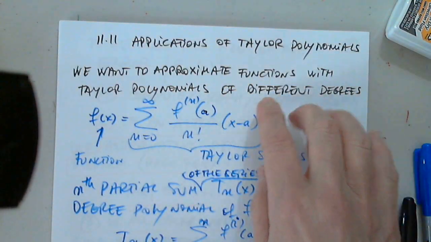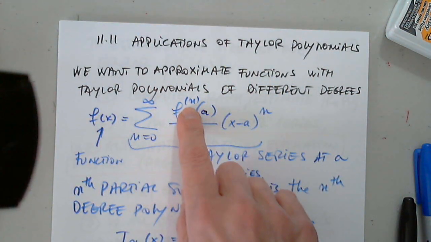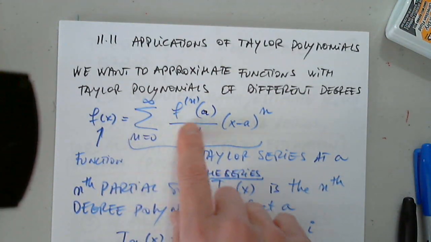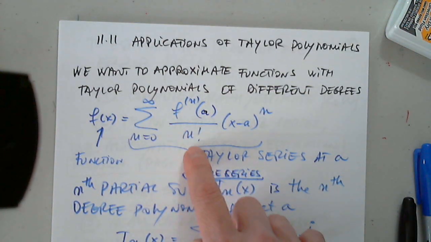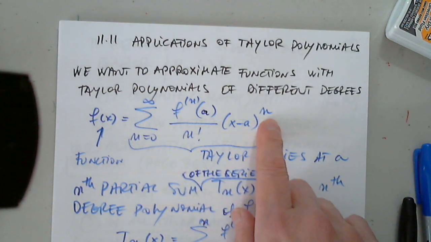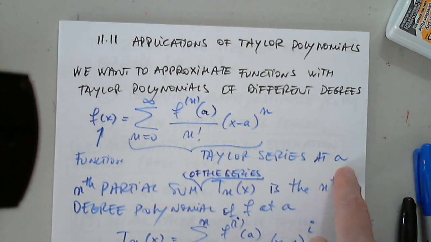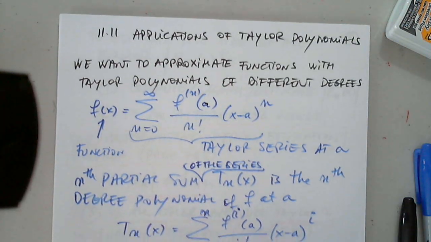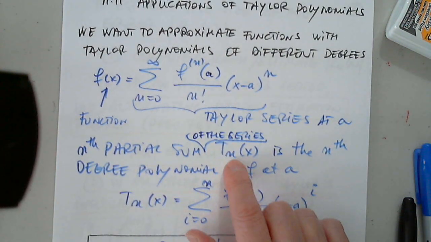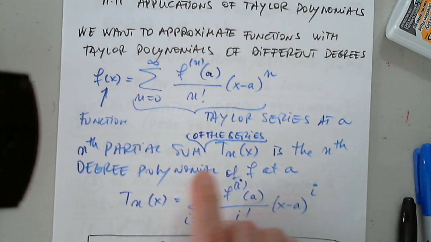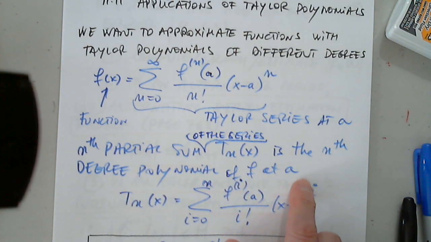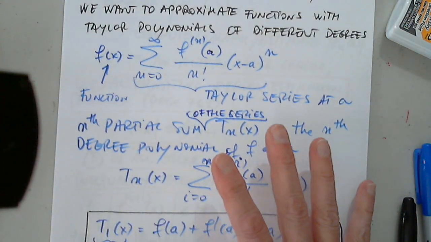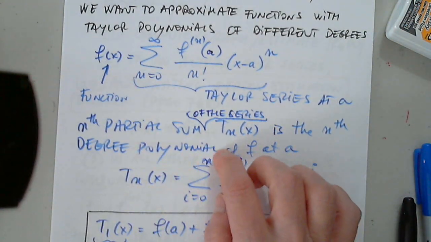this, where the nth derivative of the function evaluated at a, divided by n factorial, times x minus a to the nth, is the Taylor series at a. Now, the nth partial sum of the series, denoted by Tn of x, is the nth degree Taylor polynomial of f at a, which has this expression, because it's fixed and does not go to infinity.